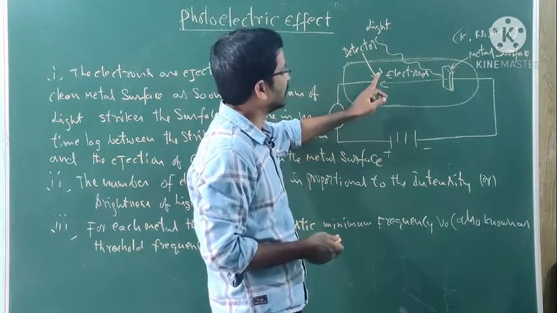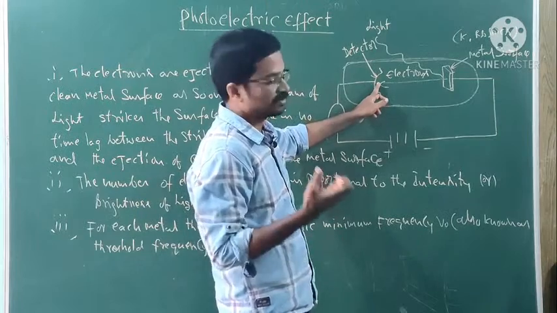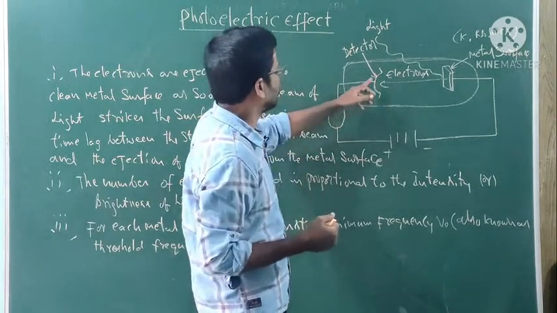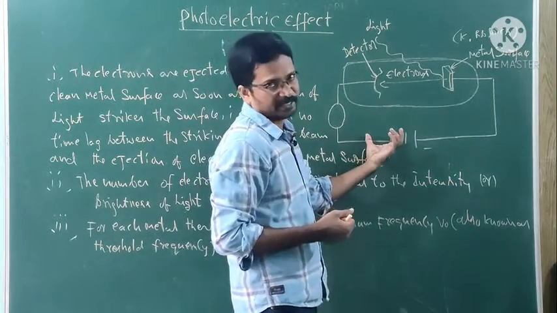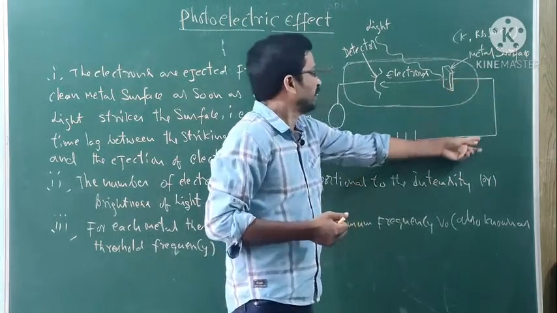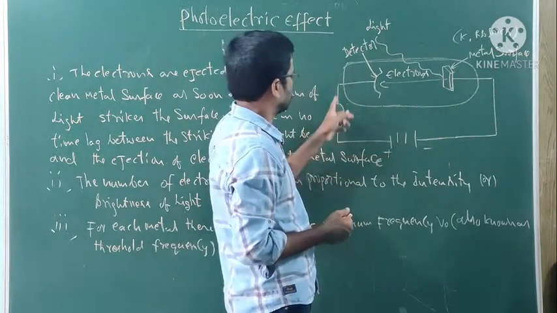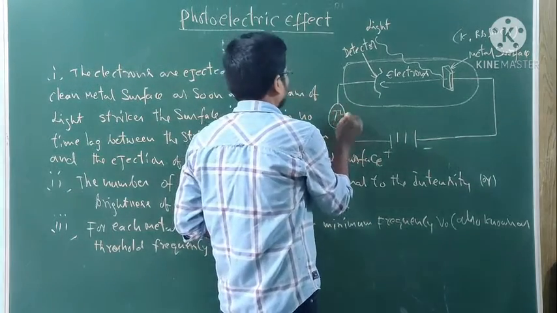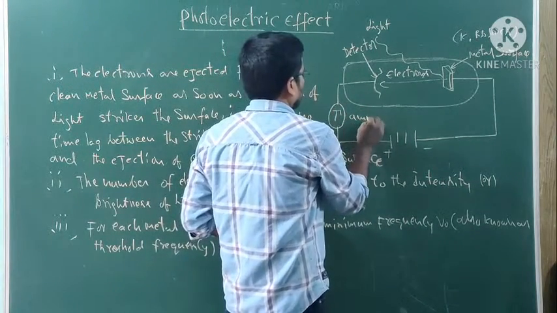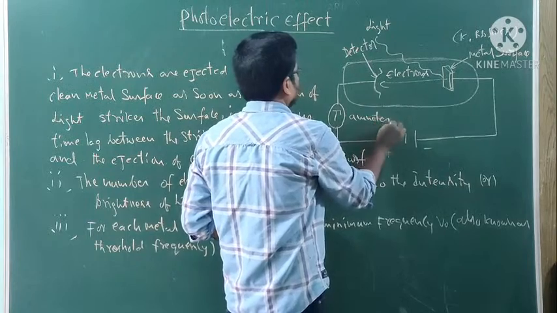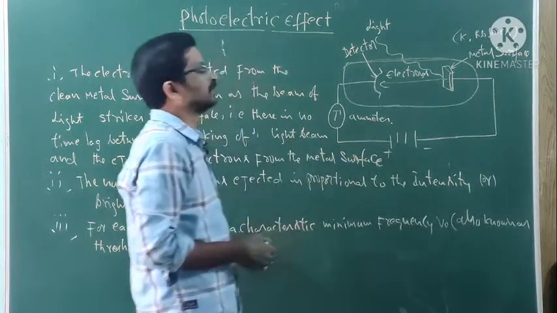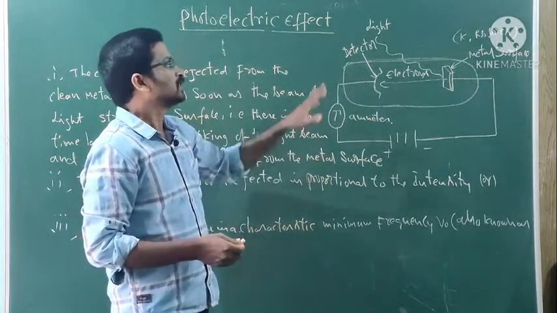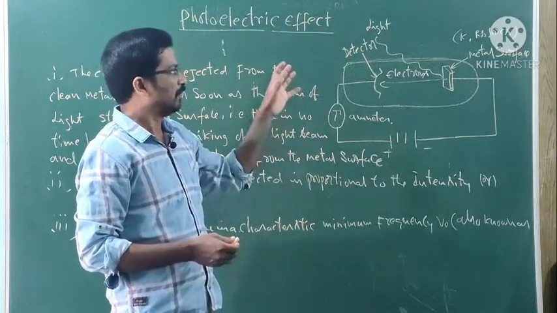These ejected electrons are measured by this type of arrangement. One wire is connected to the battery like this, and this one is connected back to the battery. This is the ammeter.